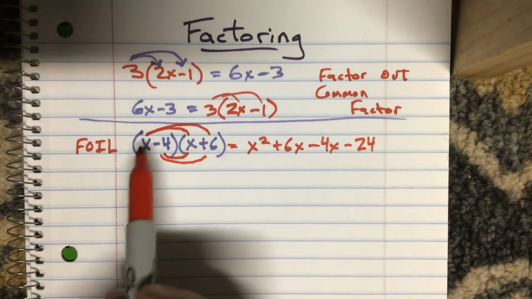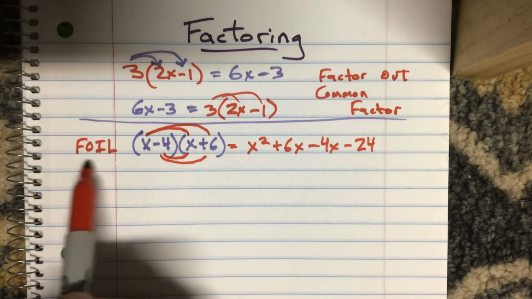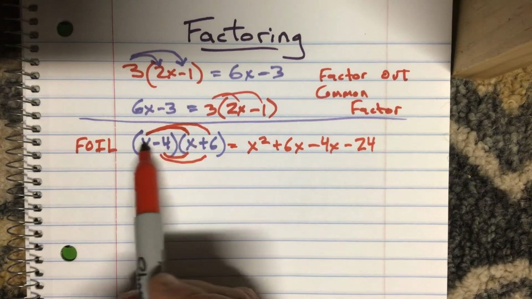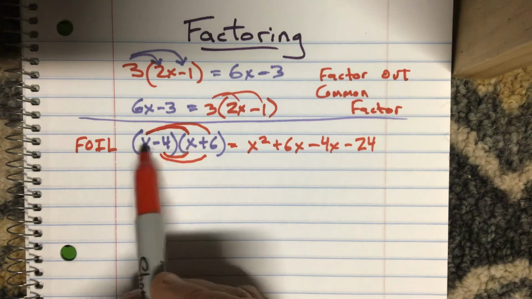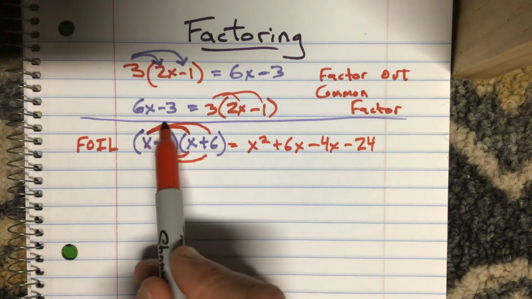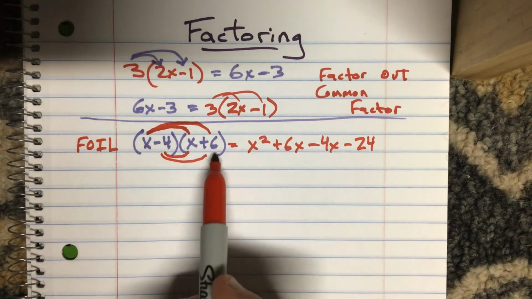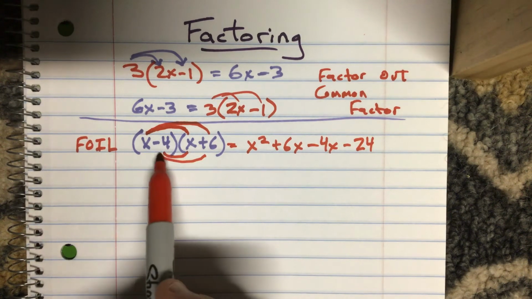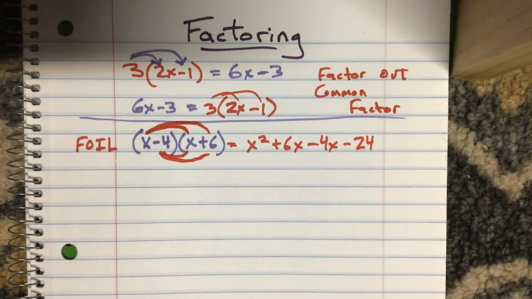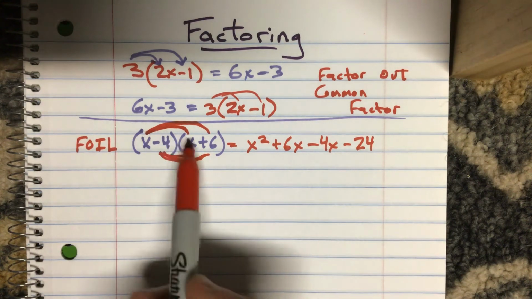And so the reason that some people say FOIL is because I multiply the first two terms that are in the parentheses, the first term in this parenthesis times the first term in this parenthesis. So first, then I did the outer two, the ones on the outside, then the inner two, and then the last two. I prefer to just say you're distributing both terms.